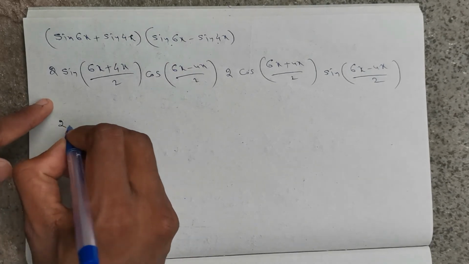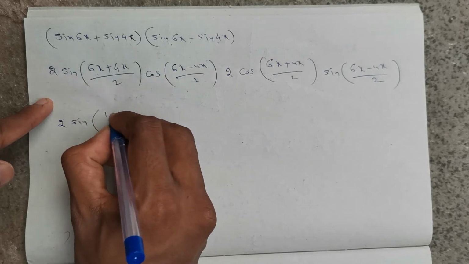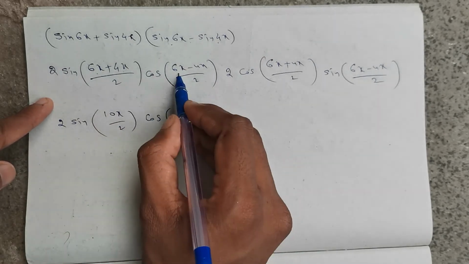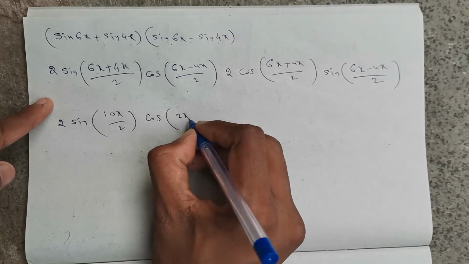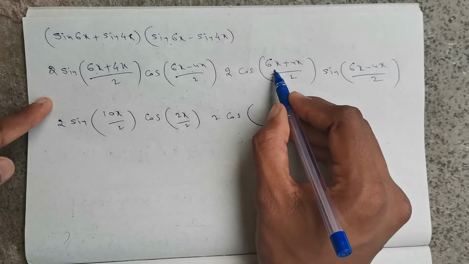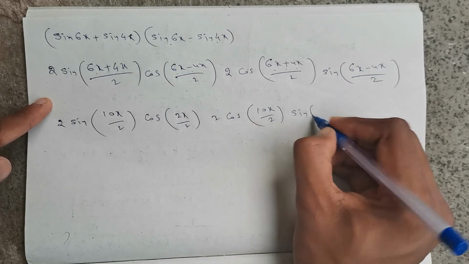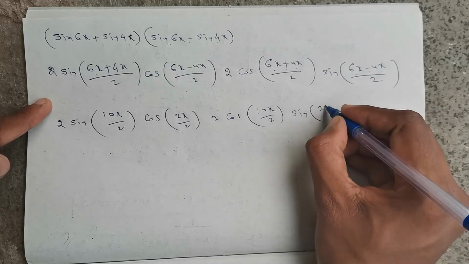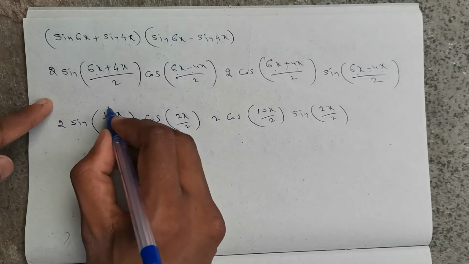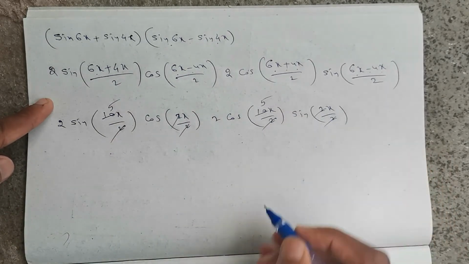So we get 2 into sin of (6x plus 4x) that is 10x by 2, times cos of (6x minus 4x) that is 2x by 2, into 2 cos of (6x plus 4x) that is 10x by 2, into sin of (6x minus 4x) that is 2x by 2. Let us check for simplification. 2 ones are 2, 5 twos are 10, cancel.